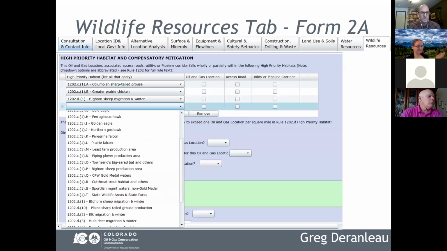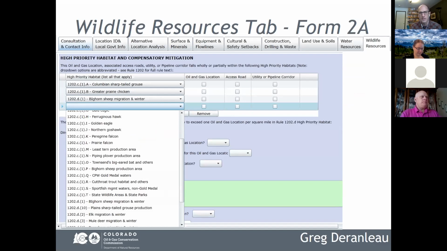And okay, so this one, the next section on the Wildlife Resources tab is a data grid, which most of you are familiar with using. And this data grid is used to identify the 1202C1 and 1202D habitats in which the oil and gas location, access road, or utility or pipeline corridor are proposed.